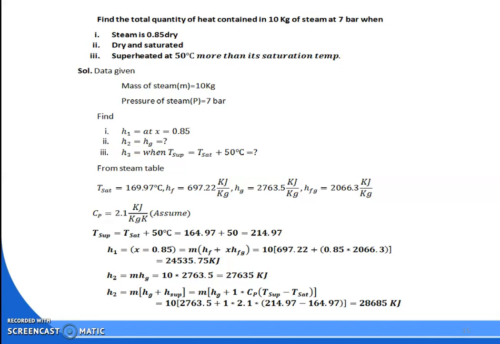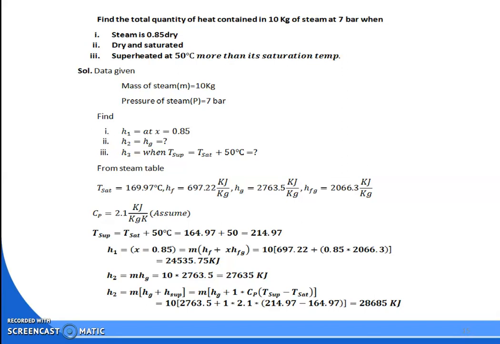So when the dryness fraction is 0.85, what will be the total enthalpy, the total heat content of 10 kg of steam at 7 bar pressure? Second, the same 10 kg of steam at 7 bar pressure, but the end condition of the steam is dry and saturated.